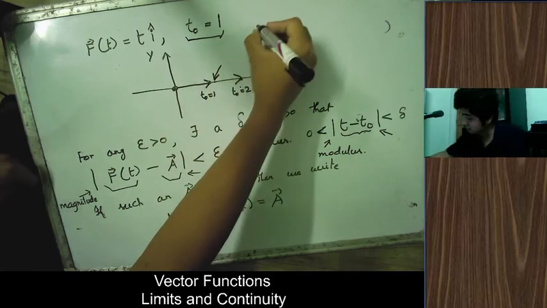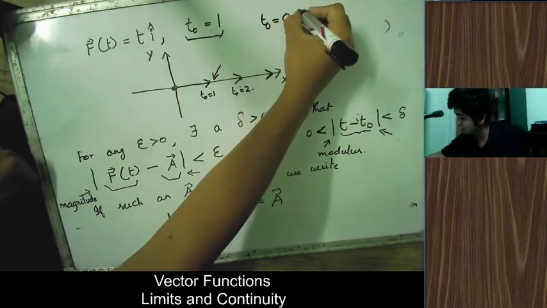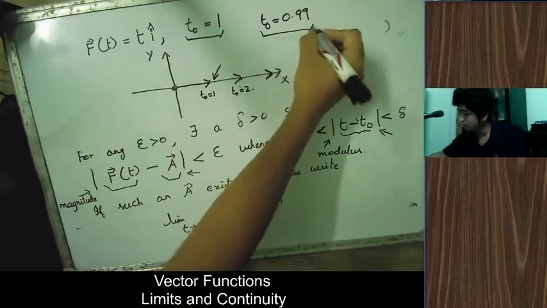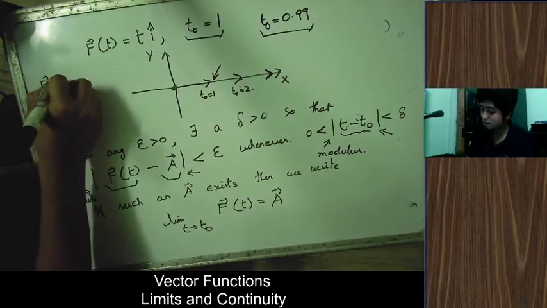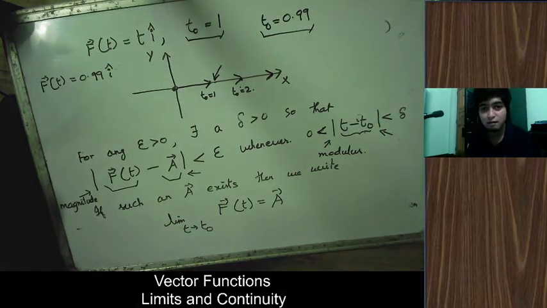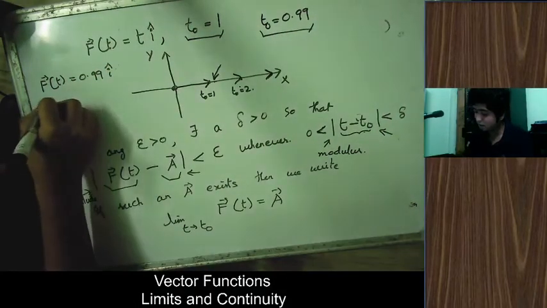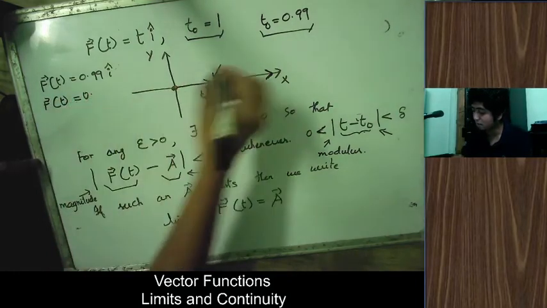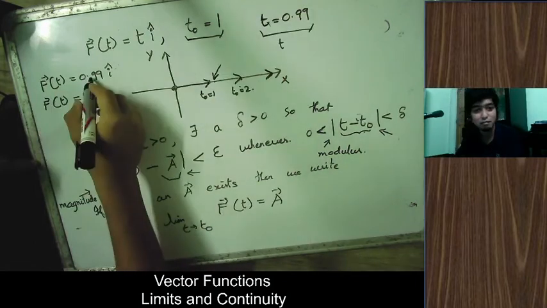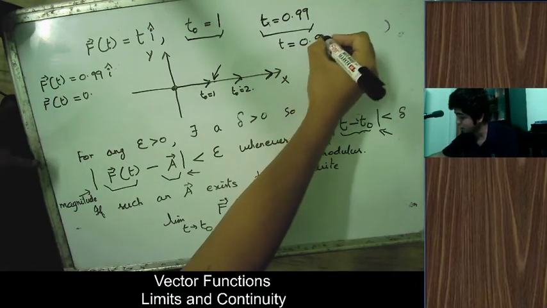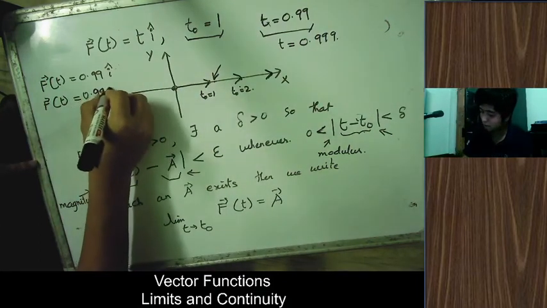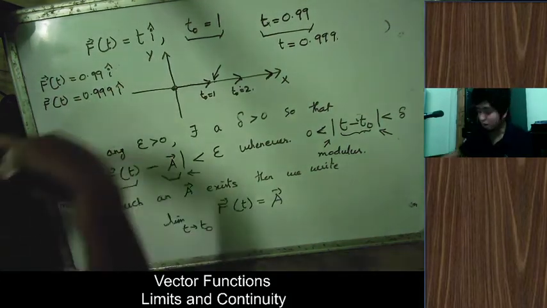If we set t equal to 0.99, we will see that f(t) will be 0.99i. And if you set it even closer to 1, if you set t equal to 0.999, again it is very close, 0.999i.